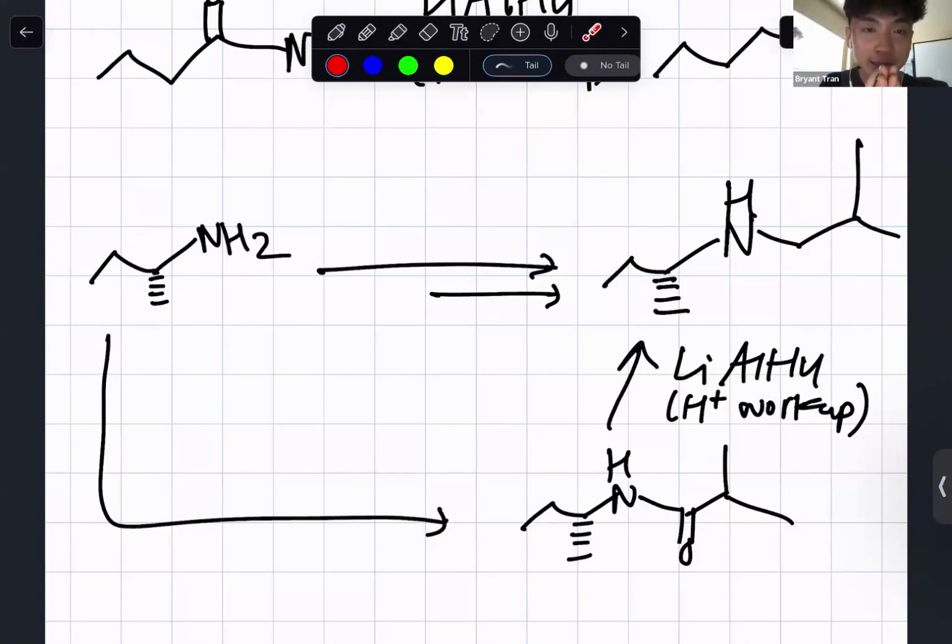There are two functional groups that are more reactive than that. I don't have it memorized off the top of my head, but I know amide is the least. Yeah, amide is the least, correct. Do you have a guess? It's okay if you get it wrong.